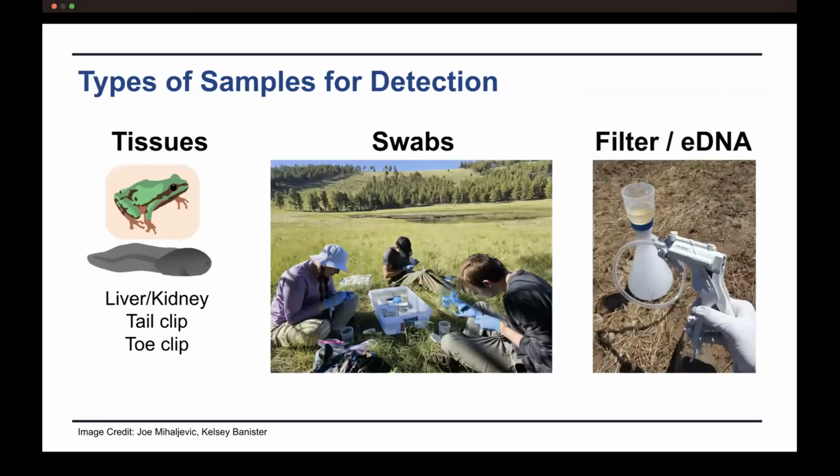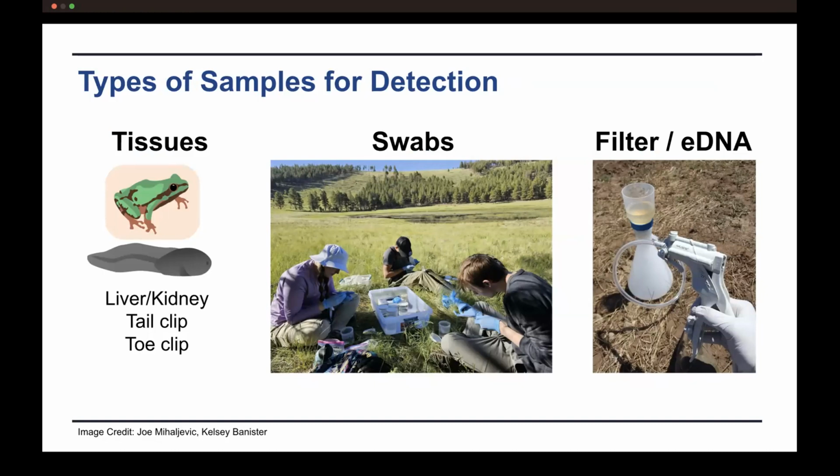So what are the different types of samples that you could collect for detection in the field? You could collect tissues. This could be through destructive or lethal sampling to collect liver and kidney tissues. You could do non-destructive, non-lethal methods of detection, which involve tail clips, toe clips, and swabbing, and swabbing can have different categories like buccal swabs of post-metamorphic individuals.